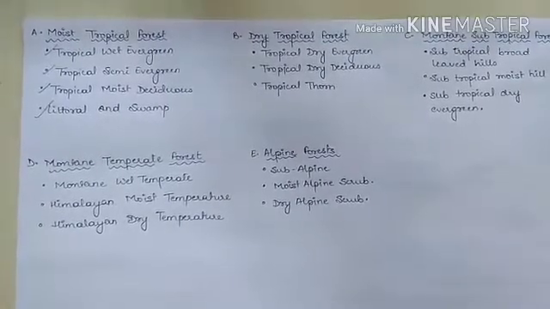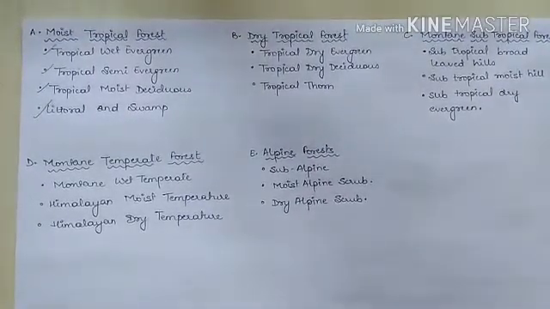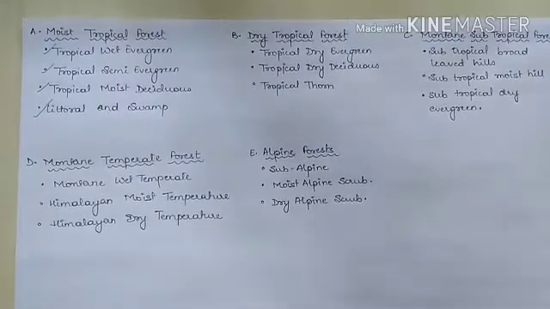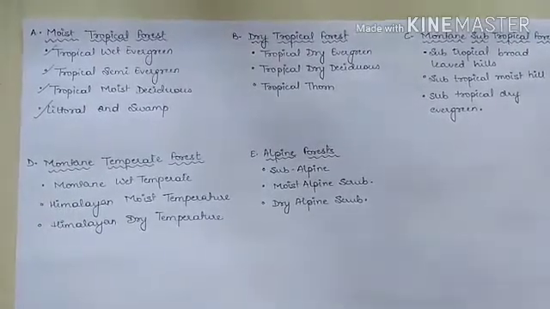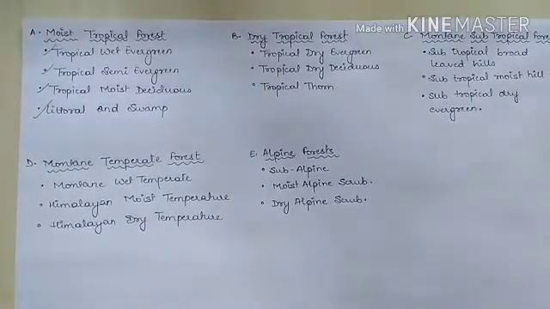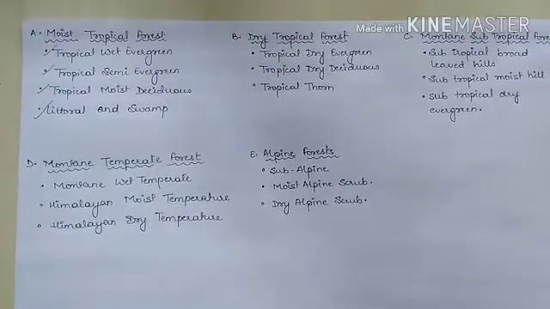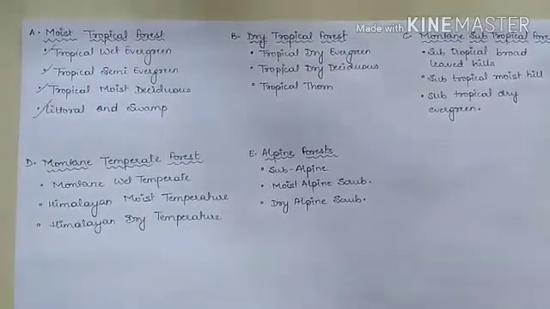In these forests there is no canopy layer differentiation, and the main trees found are kikar, jamun, tamarind, then we have neem, etc. Because we have quite a good amount of light on the ground, we have rare growth of bamboos or sometimes no growth.